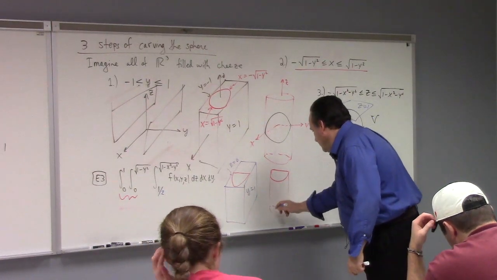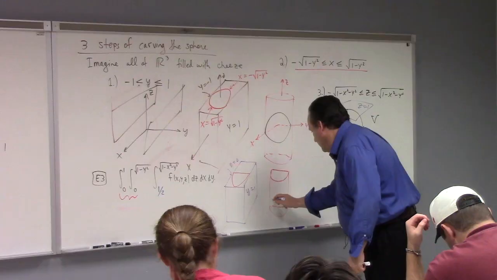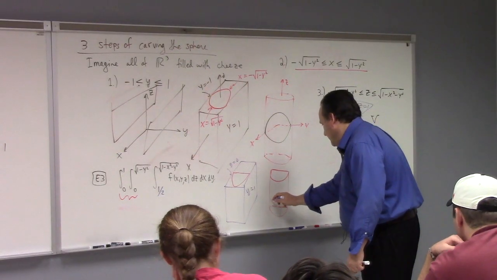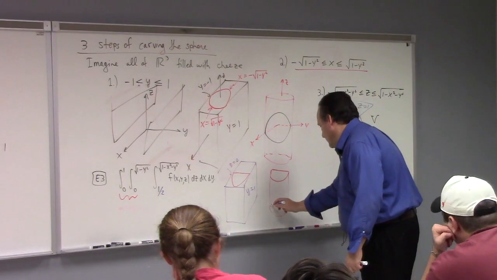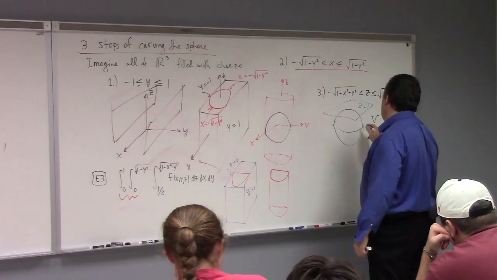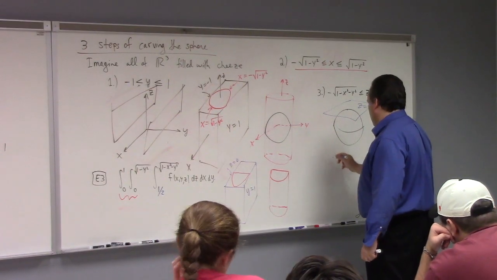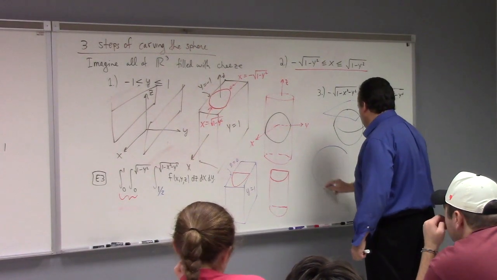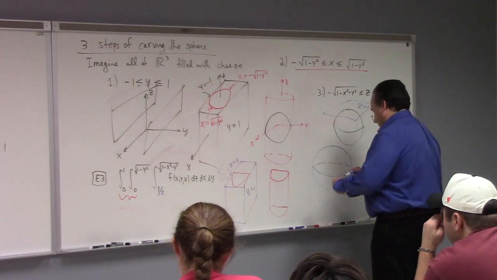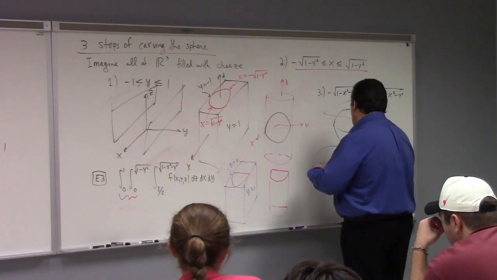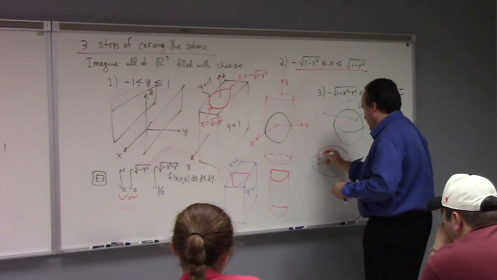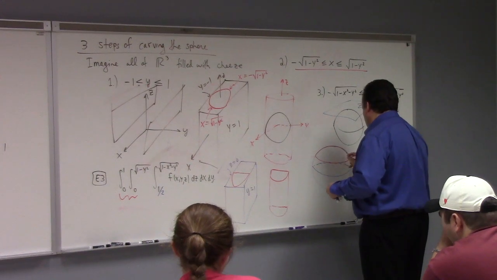I can't draw worth anything. So I guess I probably have the best chance of drawing it on top of a sphere. So it's like above the halfway point, right? And it's just on the front half of the sphere, if you will.